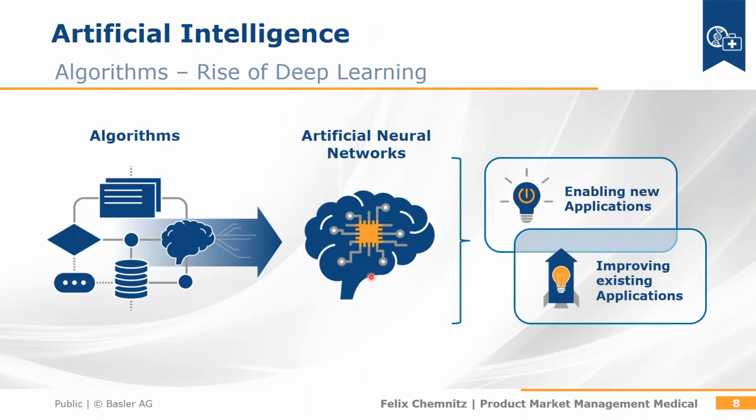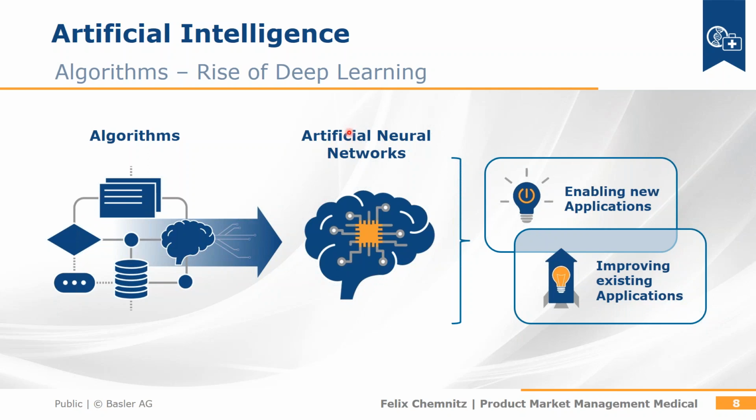So, artificial intelligence and the rise of deep learning. These algorithms, as you will know, were developed a long time ago, but there was not enough computing power to really expand this field or make it usable.